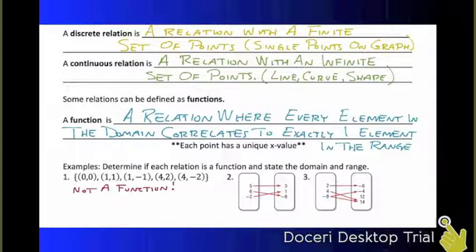If we want to list all the elements of the domain, we're going to say domain equals. And now we want to list all of the points. We want to use this fancy notation. We want to do a set of brackets, and we want to say 0, 1, 4. Those are all of the elements in the domain. If we want to list the range, we're going to do the same thing. Write range. Use those fancy brackets again. They take years of practice to master. And then you want to list out all the y values.